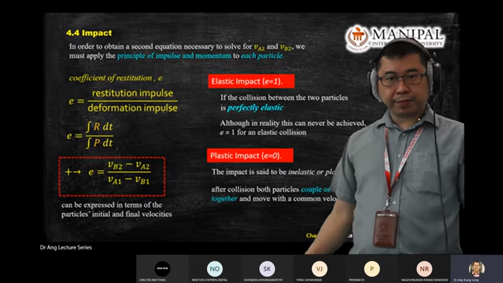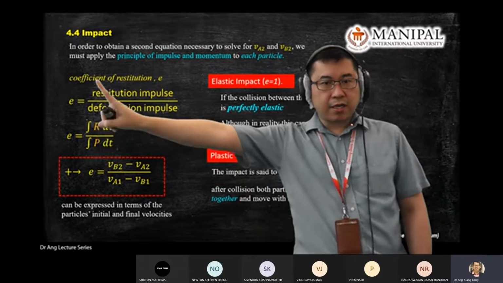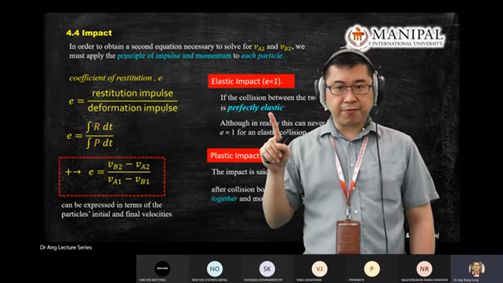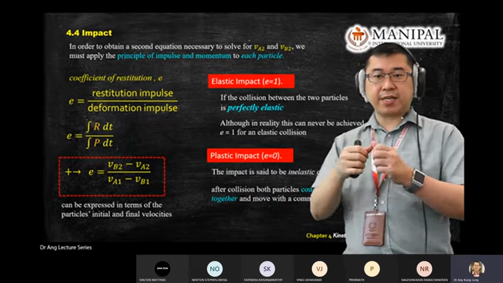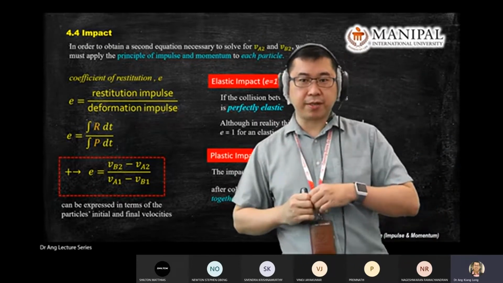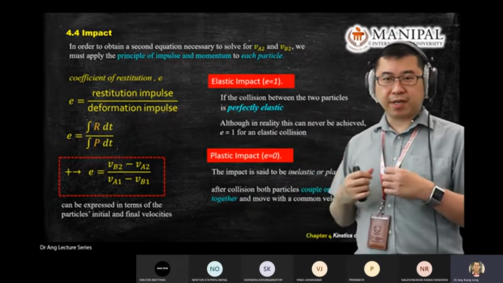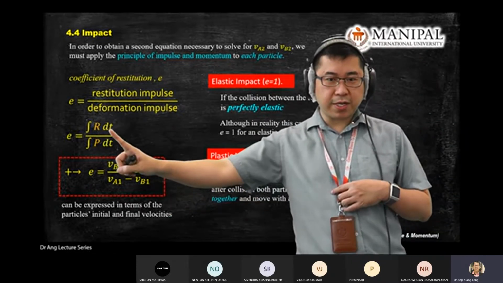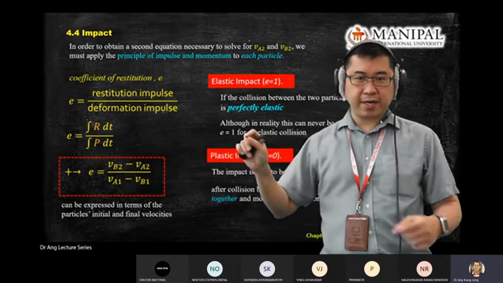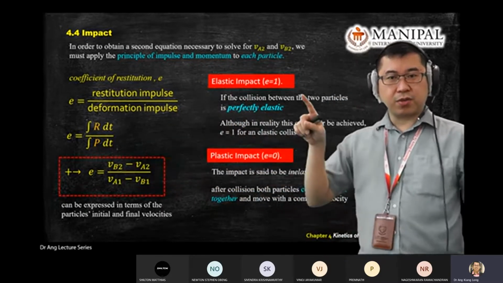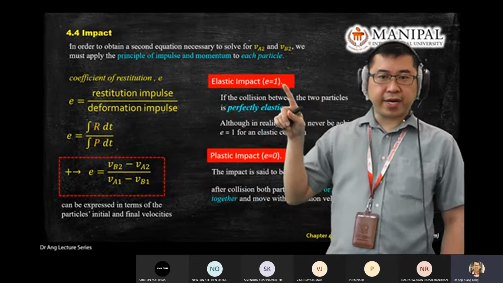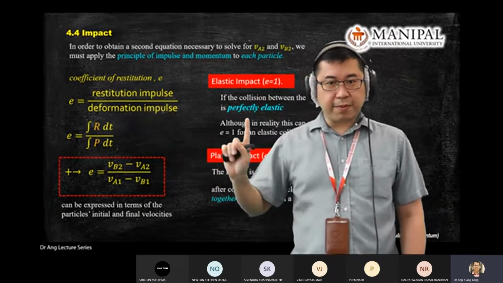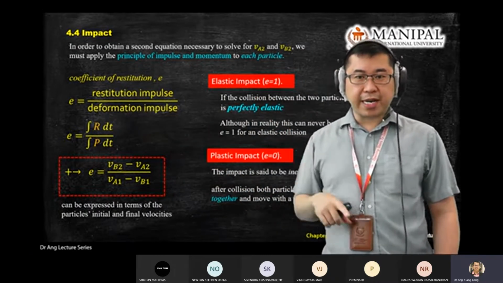Two terms here. If your coefficient of restitution E equal to 1, it means you have the perfect elastic. What I mean by perfect elastic? It will go back to 100% of the shape after and before impact. Meaning this one will equal to this one, that's why you get 1 for the restitution. So if your coefficient of restitution is 1, it means that you're having a perfect elastic case.